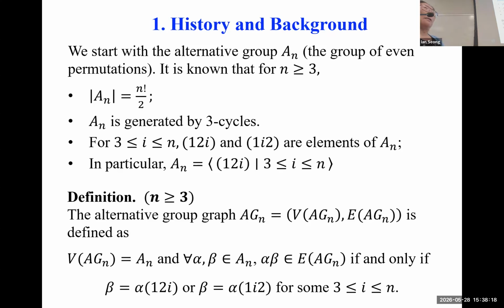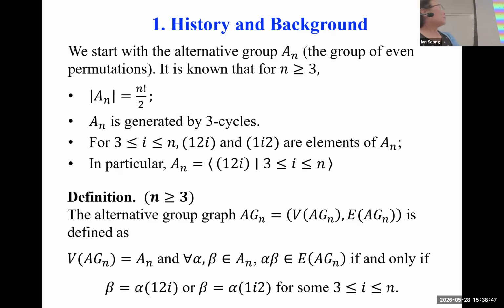And for two members alpha and beta of this group, we have an edge between them if and only if beta can be obtained by alpha multiplied by (1 2 i) for some i greater than or equal to 3, or beta is equal to alpha times (1 i 2). And you can show all of these relationships give you the adjacency of the graph.